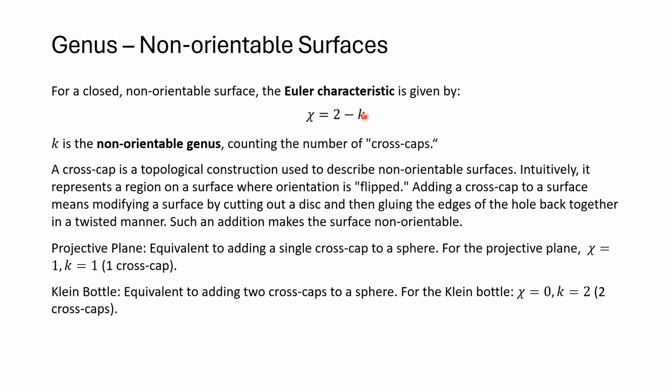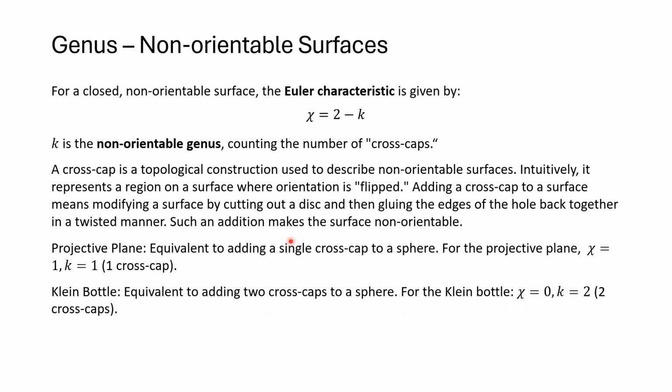And your k equals 1 in that case, and your projective plane, as we know, has Euler characteristic 1, so that works out. The Klein bottle is equivalent to adding 2 crosscaps to a sphere. So making 2 cuts and adding 2 Mobius strips. And in that case, your non-orientable genus is equal to 2 because you have 2 crosscaps.